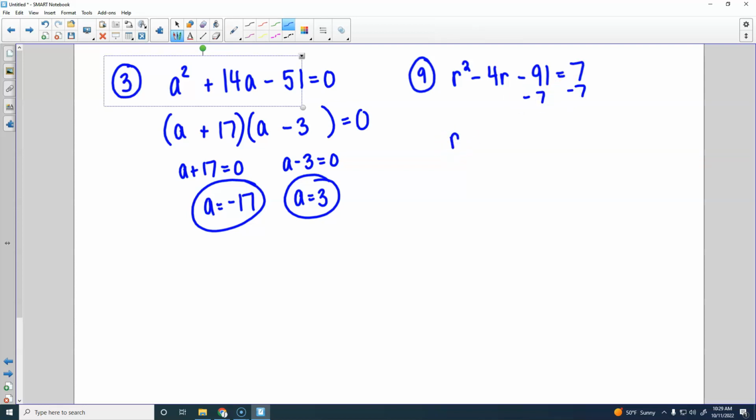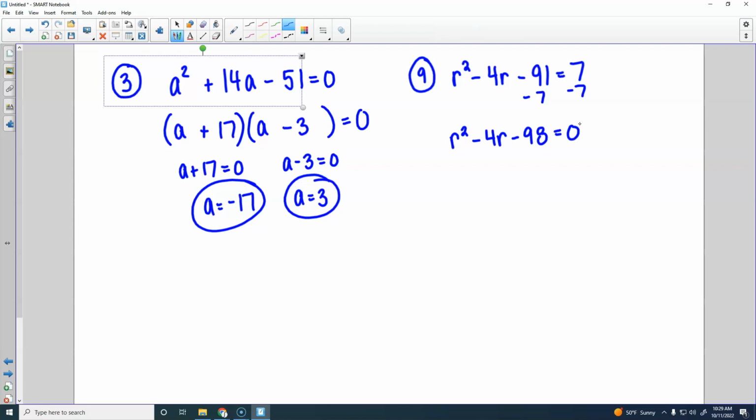So I've got r squared minus 4r minus 98 equals 0. And, I mean, you could mess with 98 for a while. There's a chance it might factor. But maybe you just say to yourself, I don't even feel like dealing with the 98, right?